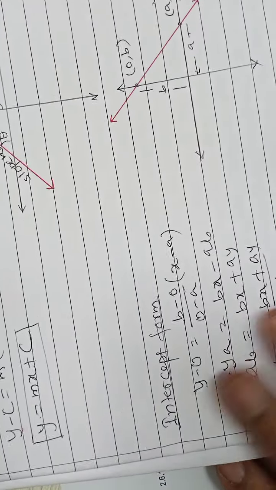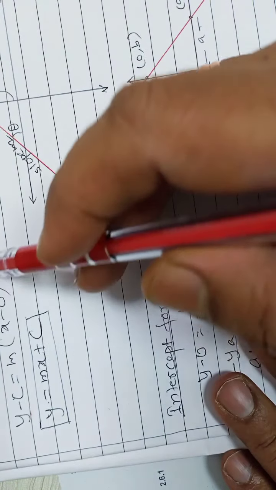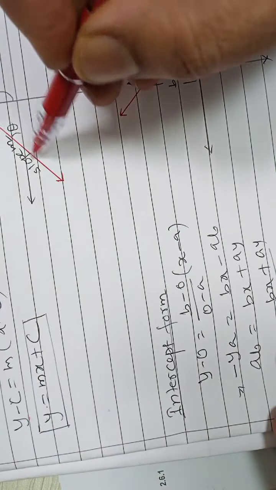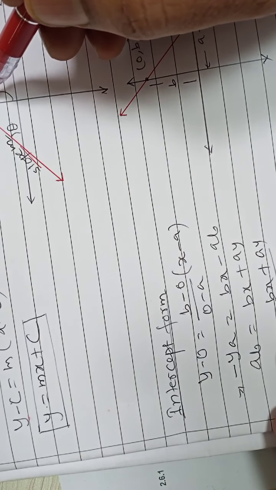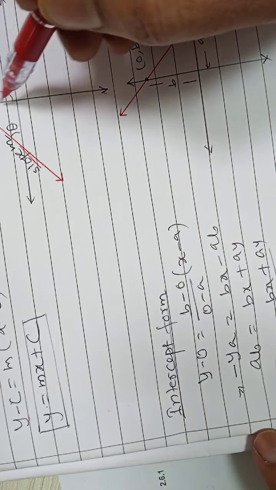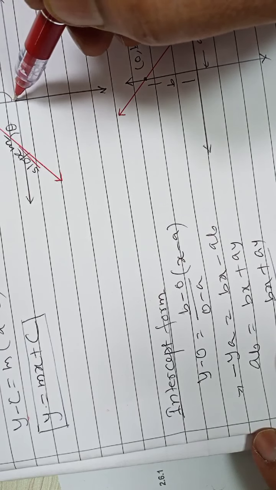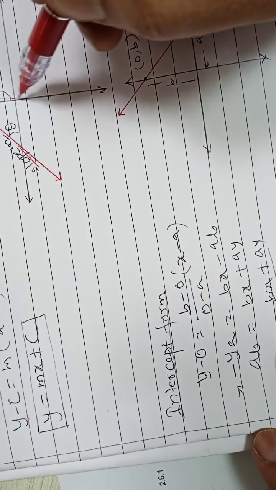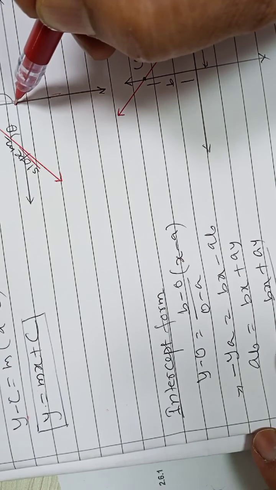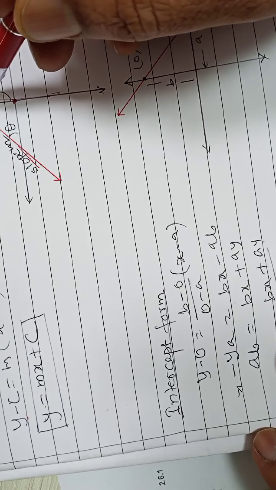Next, another form, the slope-intercept form. The equation of a line with slope m and making an intercept c in the positive direction of the y-axis. Otherwise it will come as negative c, from the origin to this.